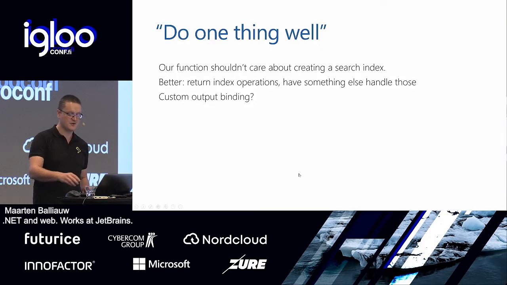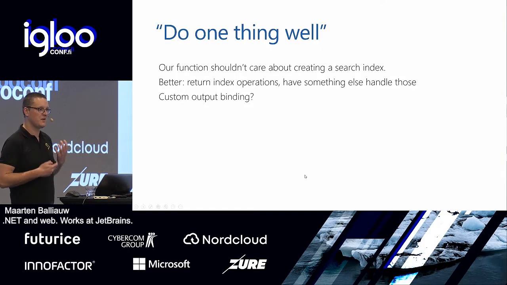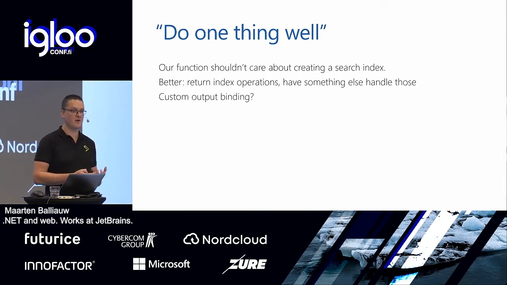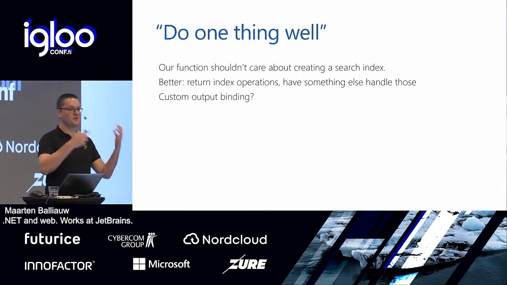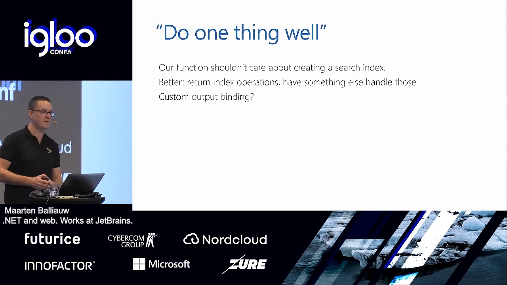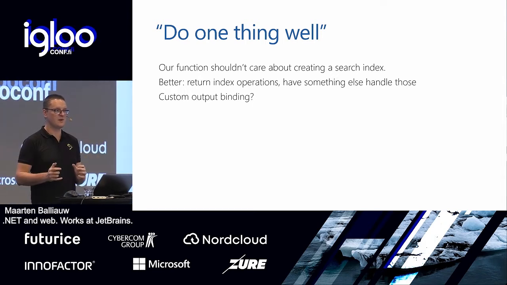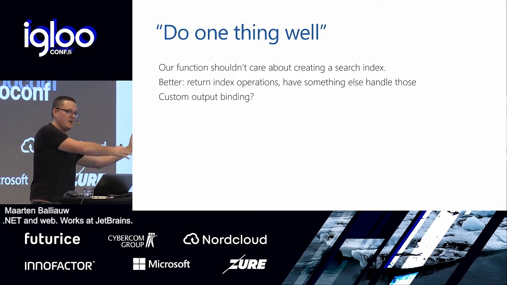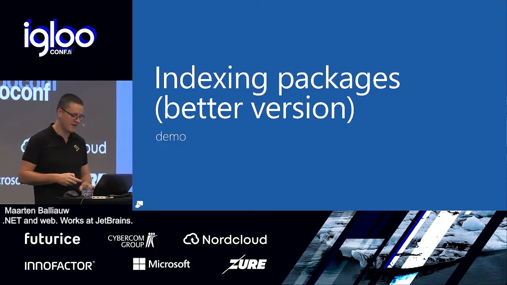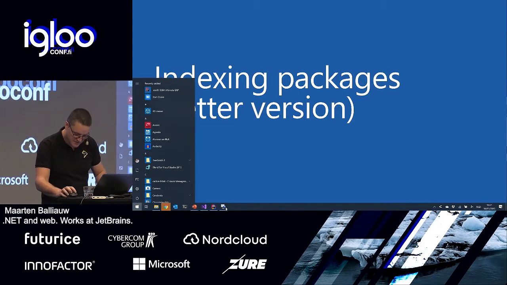And if we think back to that rule of doing one thing and only one thing well, we should actually be moving all of that boilerplate code into another custom binding, so that we can just say, okay, Azure Functions runtime, I have this document I want you to index, use this binding, here you go. And have a custom binding handle all of the search stuff that we have in there. So let's look at that.